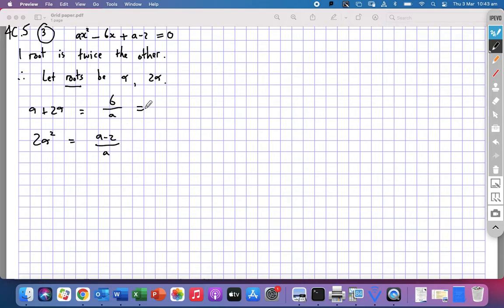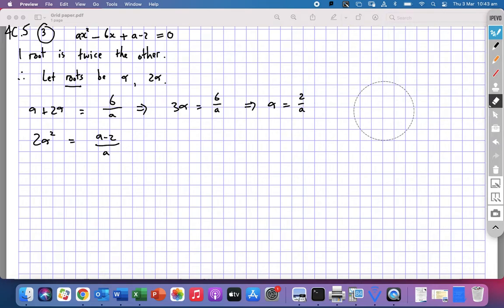This first equation, if I've got 3 alpha equals 6 on a, I can make some progress with that. I can find out that alpha would have to equal 2 divide a. Right? So I could divide both sides by 3 there. I'd have 6 divide 3a, and 6 divide 3 is 2. Right?